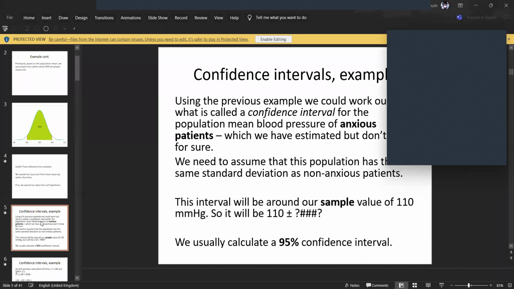Okay, so basically what he's saying is that for any sample, we'd want to calculate the confidence interval for that sample. But what we're doing by doing that is we're assuming that our sample has the same standard deviation as the rest of the population, even if we're doing something to that sample that might change it.